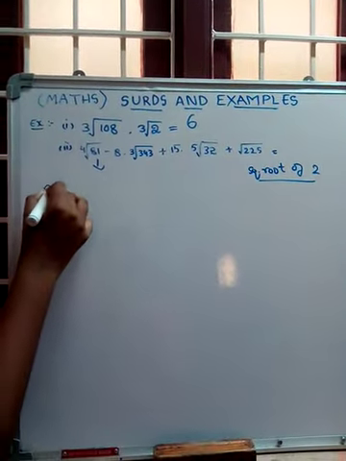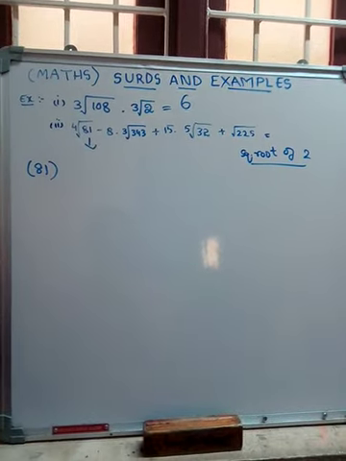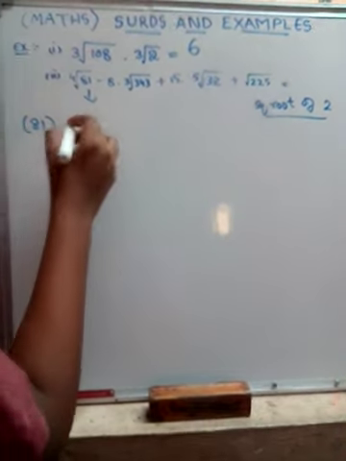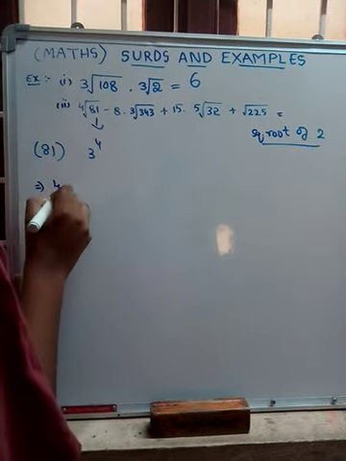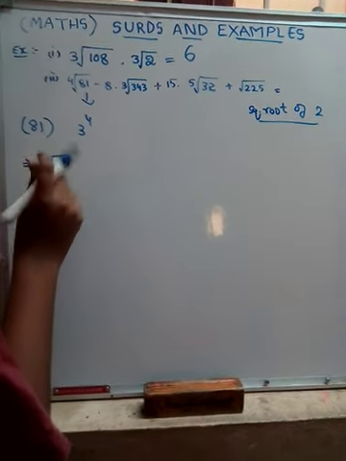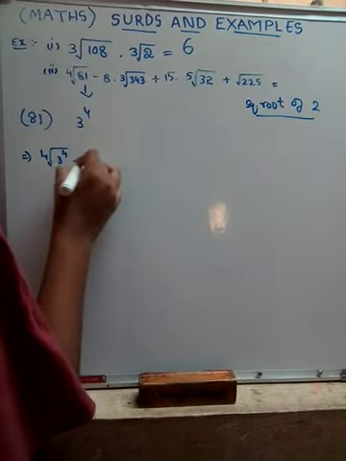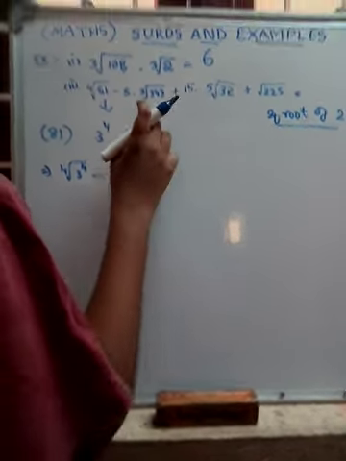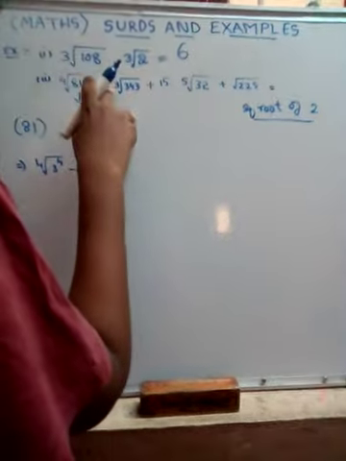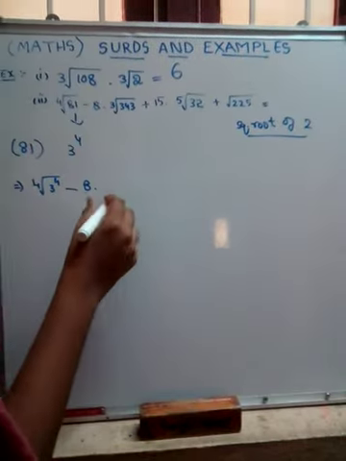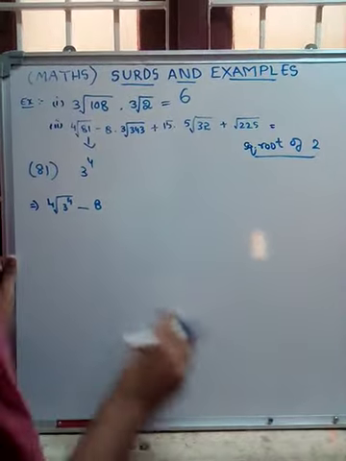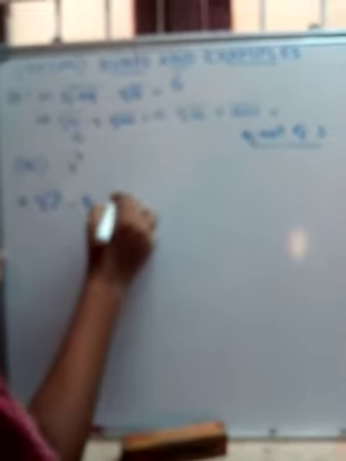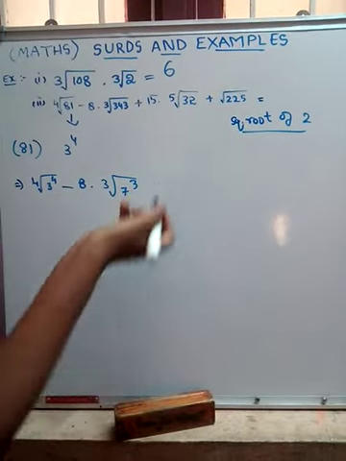Here 81 we can express as 3 power 4. 3 power 4 is 81. So we write this as the 4th root of 3 power 4, minus 8 into the cube root of 7 cube, because 7 cube is 343.